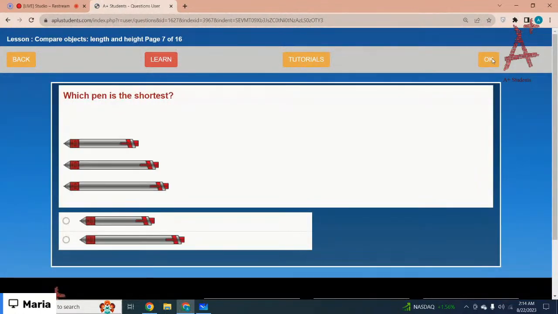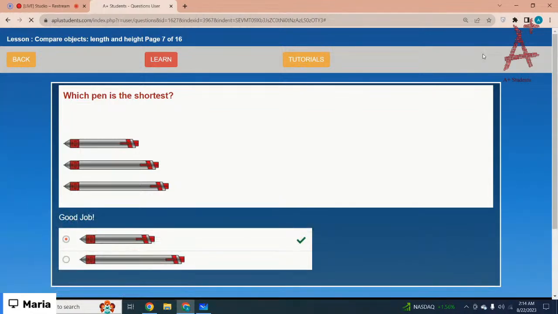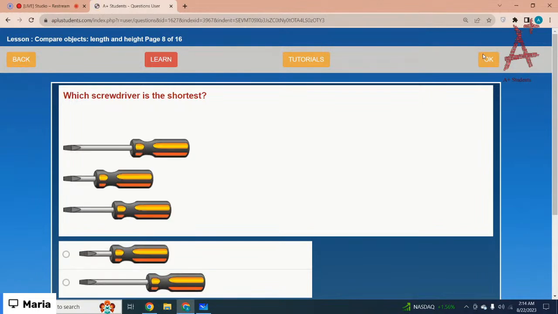Which pen is the shortest one? You're given two options. Option number one is the correct option. That would be the shortest one. Which screwdriver is the shortest?